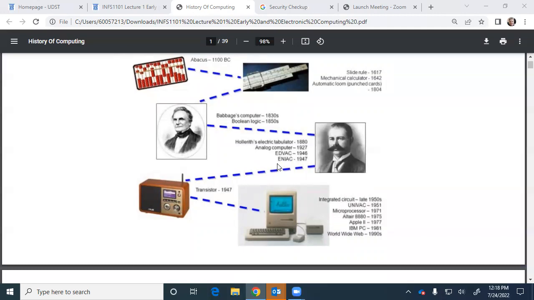So instead of having a transistor, they had a thing called a vacuum tube. I don't know if any of you have ever seen this. Maybe you have to go to a museum or something to see it. But if you looked at the original televisions and radios that people were using in the 1930s, 40s, 50s, and 60s, they didn't have transistors in them. They had bulbs and the vacuum tubes, and the vacuum tubes got really hot.